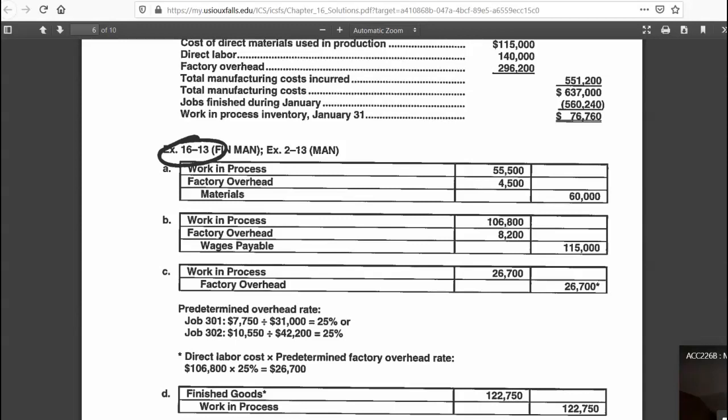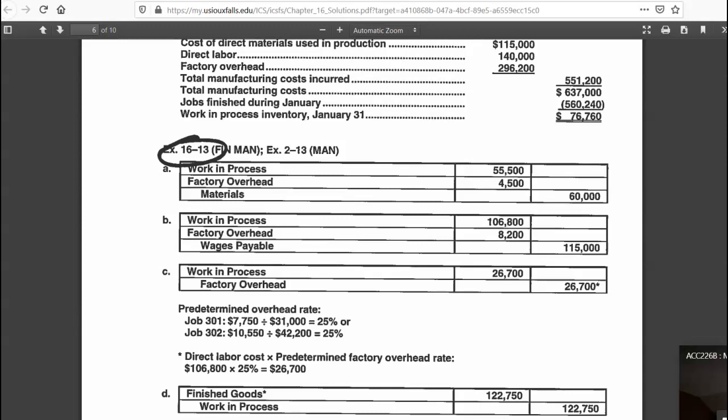So if you look at 301, for instance, there was overhead of $7,750 applied to it. And it said it was based on direct labor costs. So 7,750 divided by 31,000, that's the direct labor, that equals 25%.